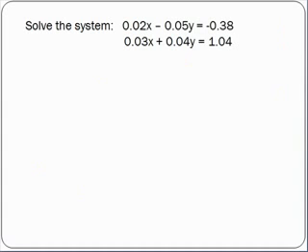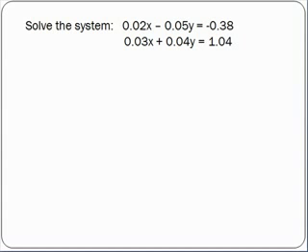Okay. You could have systems like this where the numbers get kind of ugly. So in this case we have decimals. You could also have fractions, but you can still deal with those. If you don't want to look at those decimals, one thing you can do is just get rid of them. And so to get rid of them, well, in this case all of the numbers have 2 decimals to them, and so we are going to just multiply both equations by 100.